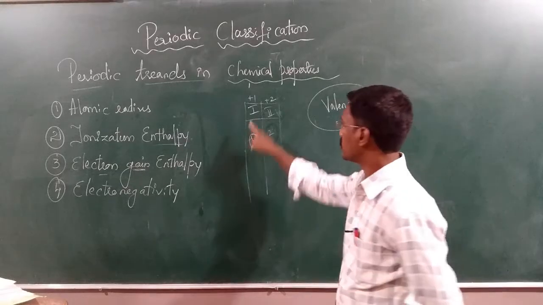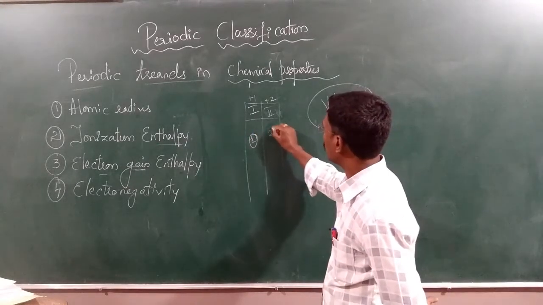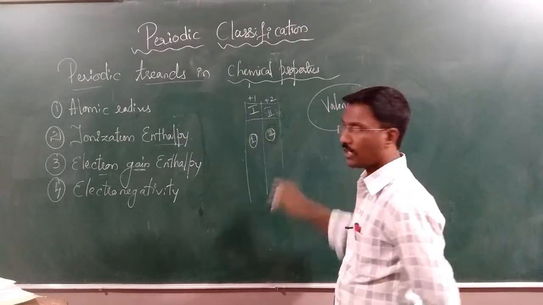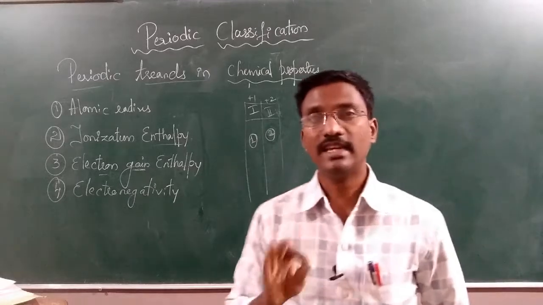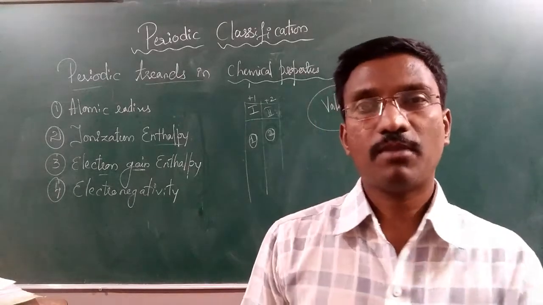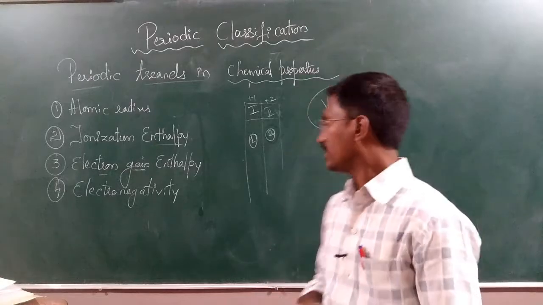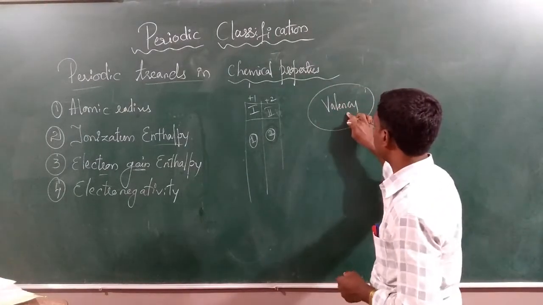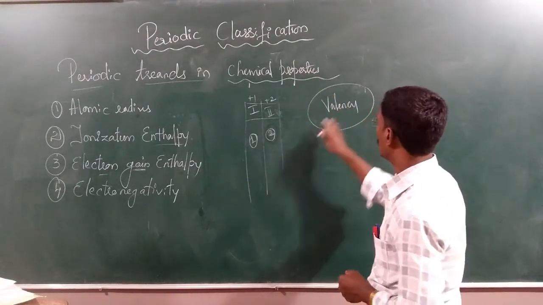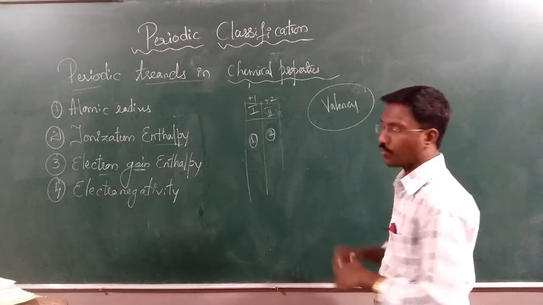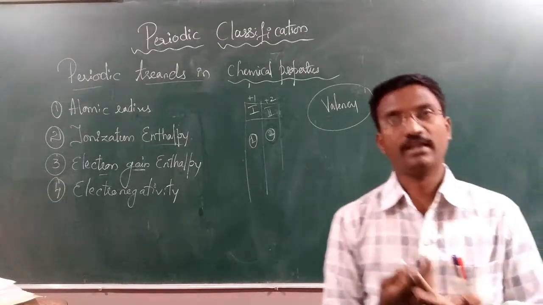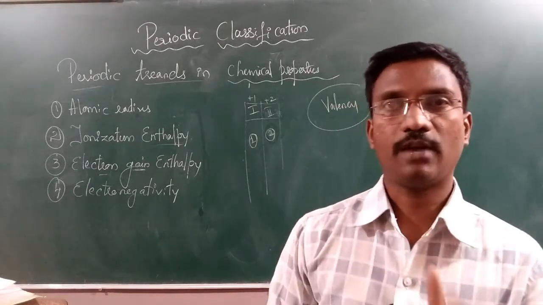Valency of the first group is 1, valency of the second group is 2, and similarly valency of the 13th group is 3. So the number of electrons in the outermost shell is the same. Elements having the same valency are going to exhibit the same property. It means that group wise they are having the same property.